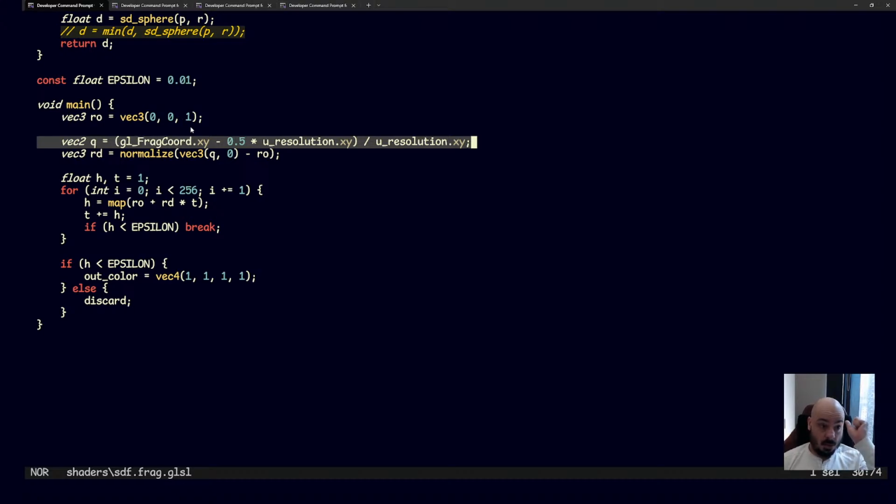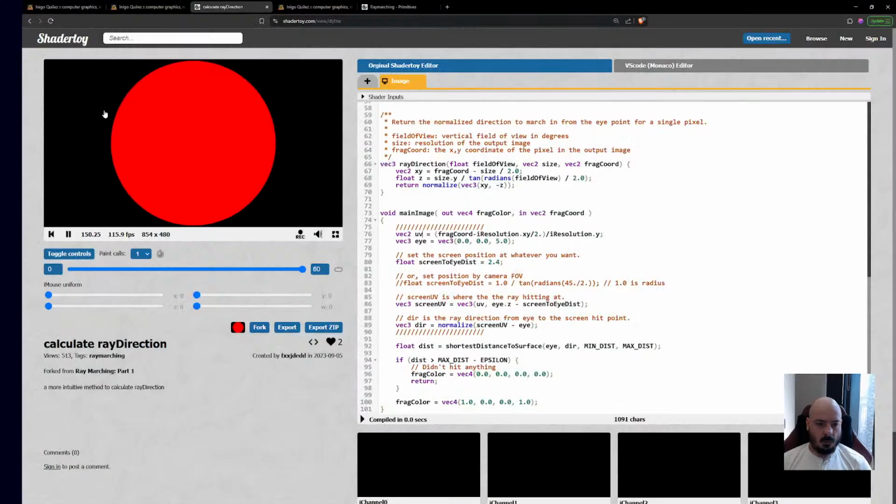So this is frag coordinate minus 0.5 times. You should probably make sure the top to bottom is 1, like the aspect ratio fix. I'm not quite sure what you mean by that.